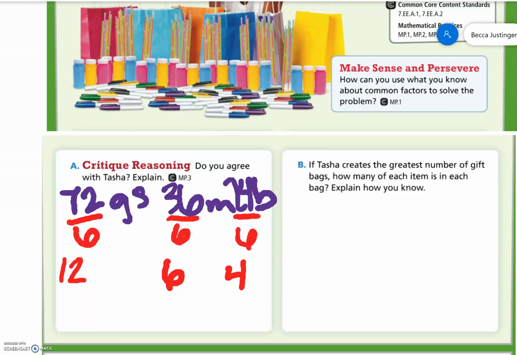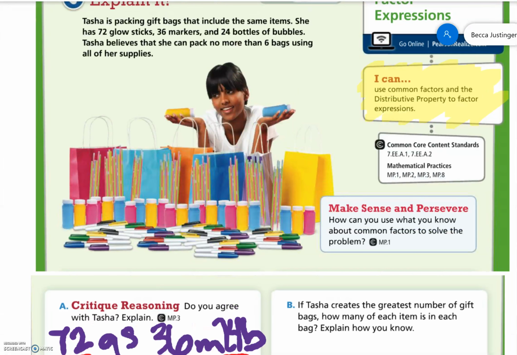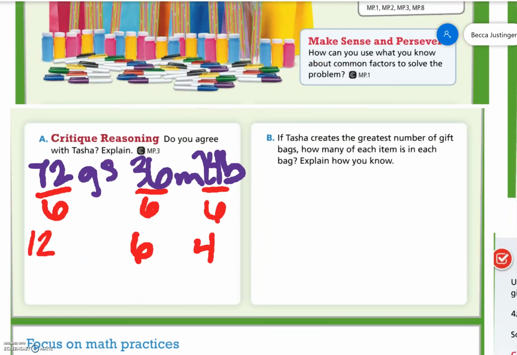So if she makes 6 bags, she can put in 12 glow sticks, 6 markers, and 4 bottles of bubbles in each. So yeah, she can do that, but is that the most number of bags she can pack?